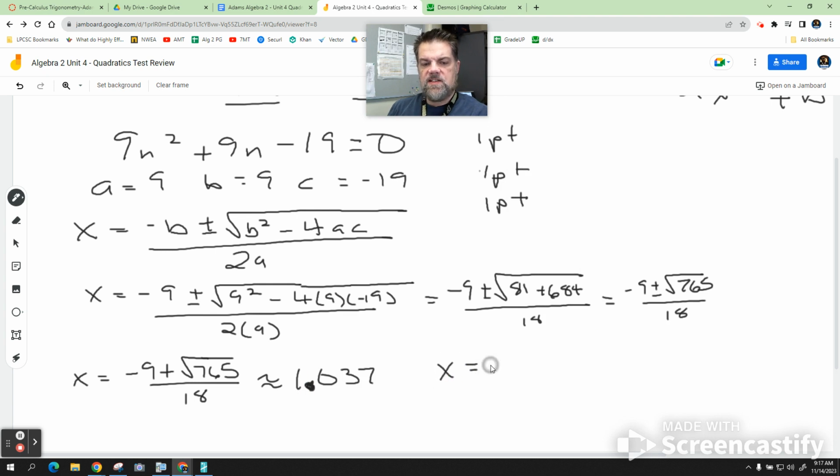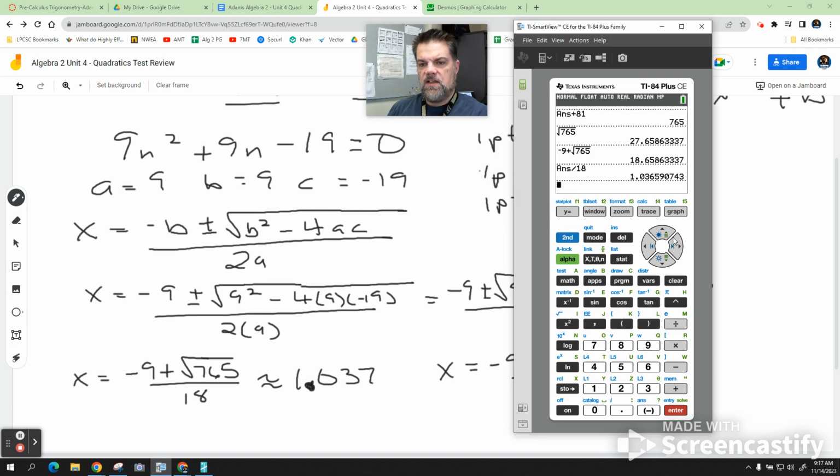Okay. Now I got to do the other one. I'm going to say negative 9 minus the square root of 765 divided by 18. Same thing, just plug it in the calculator. Now here's a neat little trick. If you push the up button and highlight this and hit enter, it puts it back in here, and then you can just switch that plus sign to a minus sign.